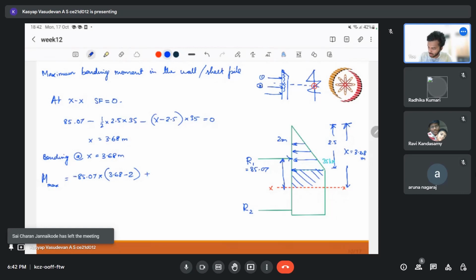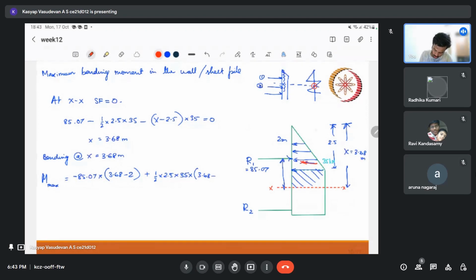The other is positive. So that is half into base into height, that is our triangle. So we know the force of the triangle into distance. This distance is the total distance 3.68 minus, this is our centroid. Our centroid is located at a distance of 2 by 3 of our 2.5. So 2 by 3 of 2.5, plus we have a rectangle now.